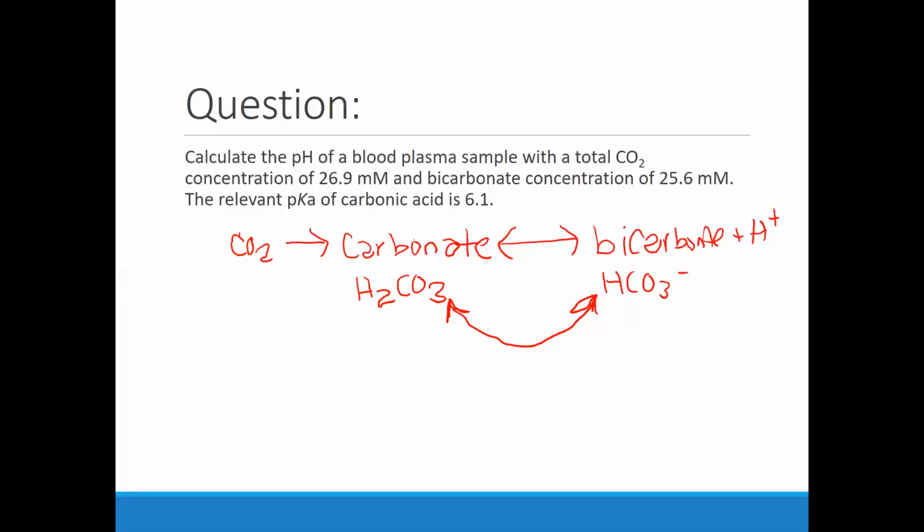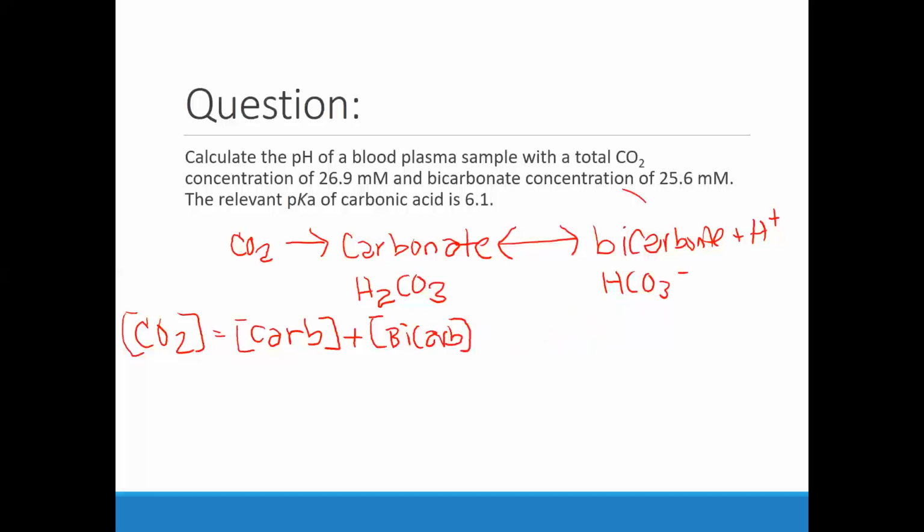But so you're aware, they come from CO2 being dissolved in the blood. So the amount of carbonate and bicarbonate that is here is coming from CO2. So I'll write this. This is an important thing to know. The amount of CO2 is equal to the amount of the carbonate plus the amount of the bicarbonate.